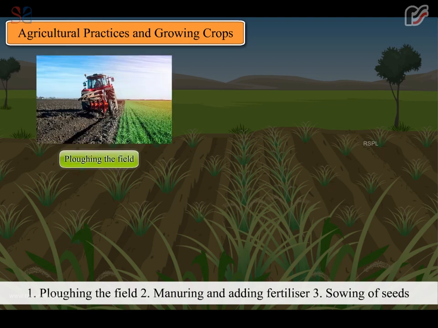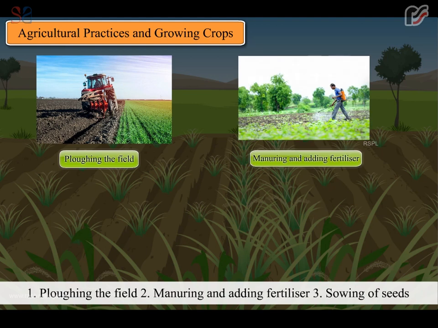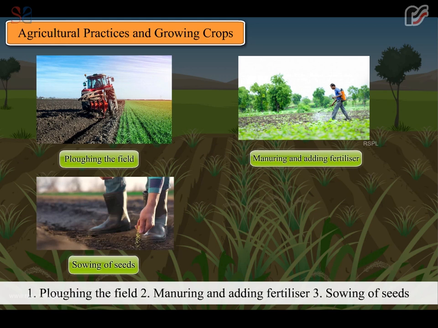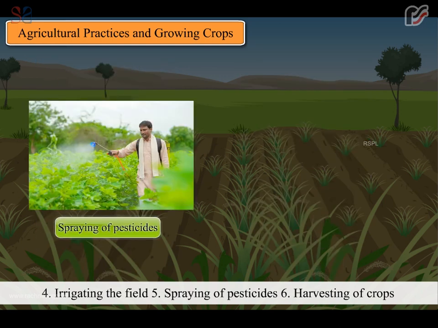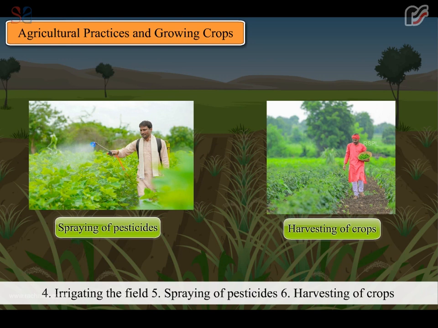First, plowing the field. Second, manuring and adding fertilizer. Third, sowing of seeds. Fourth, irrigating the field. Fifth, spraying of pesticides. Sixth, harvesting of crops.